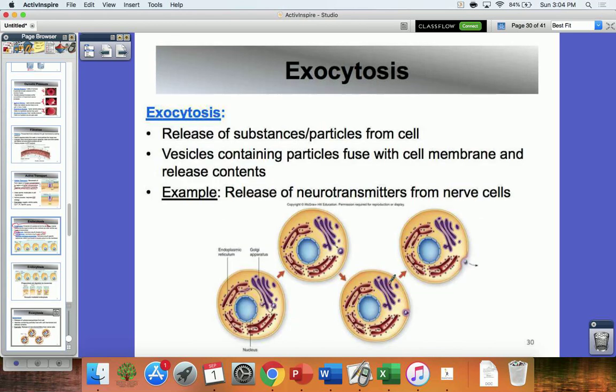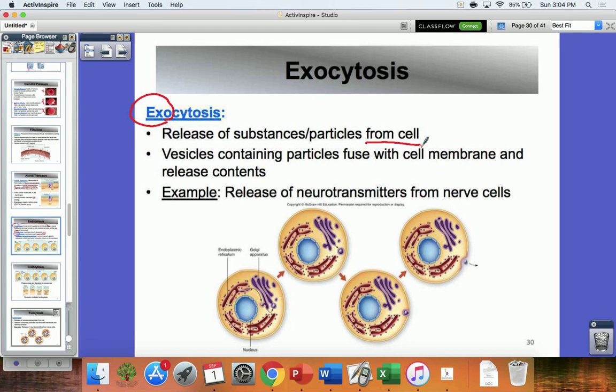Exocytosis. Exo means outside or out or exit. So it's leaving from the cell. So exocytosis, those things, for instance, we were talking about how things are made with the ribosomes or ER and transported via vesicles. Those vesicles are then going to fuse with the cell membrane and release those contents.